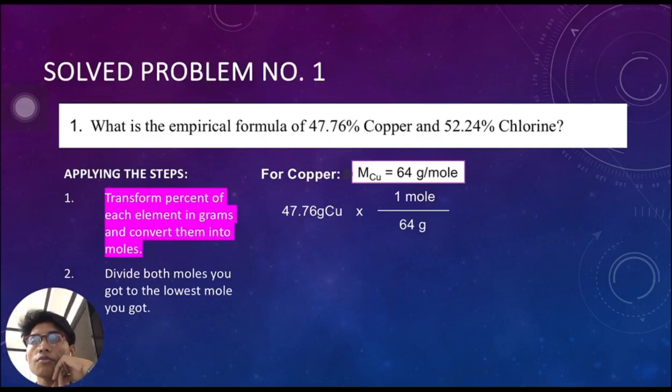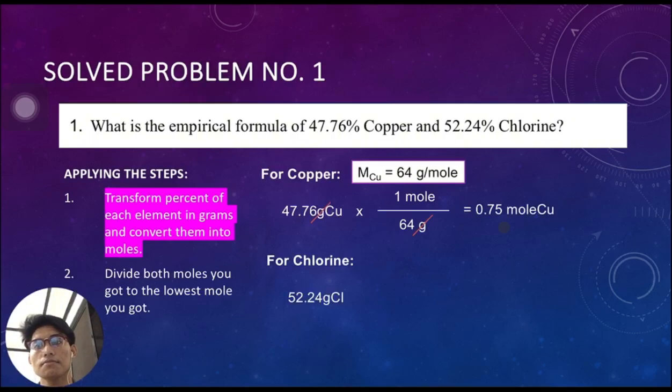If you take a look at your periodic table, you'll be able to know the conversion factor. In 1 mole, this is the mole, and this is 64 grams, 64 grams per mole. And if you're going to use your calculator, you have to cancel the grams here, and you will get 0.75 mole of copper.